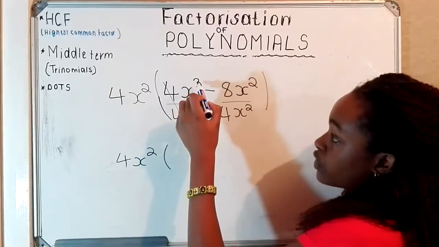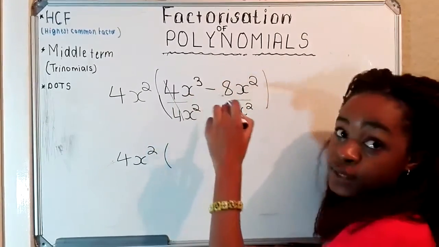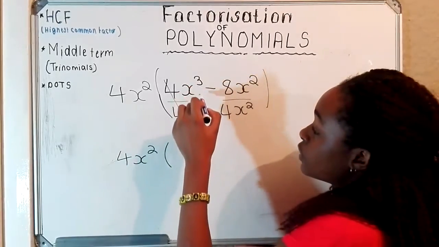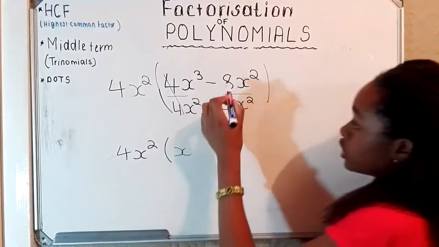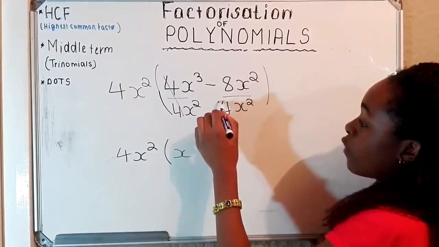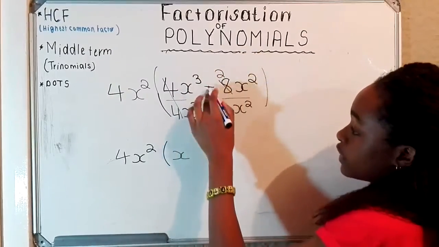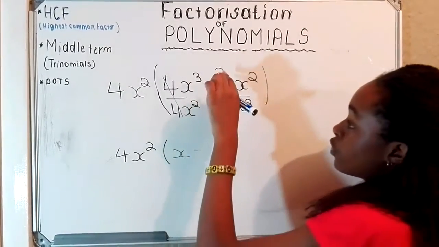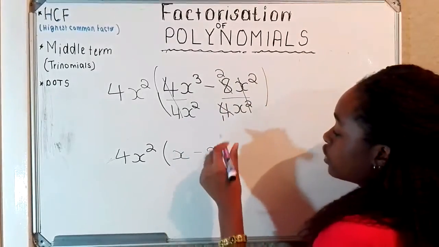You're left with the variables. When you're dividing variables, you minus the exponents. So x cubed minus x squared will give you an answer of x. And here, you can divide by 4, goes once, by 4, twice, and there's a negative sign, so bring negative. So you will have 2 over here, and the variables will cancel out each other.